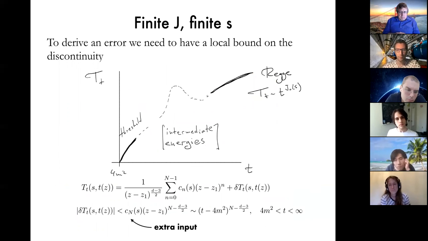If you want to put error bars on the formulas that I write, you need some local bound on the discontinuity. For the discontinuity, we expect some behavior close to threshold, at large T some Regge behavior, and at intermediate energies we can have some bumps. We can also call them outliers.